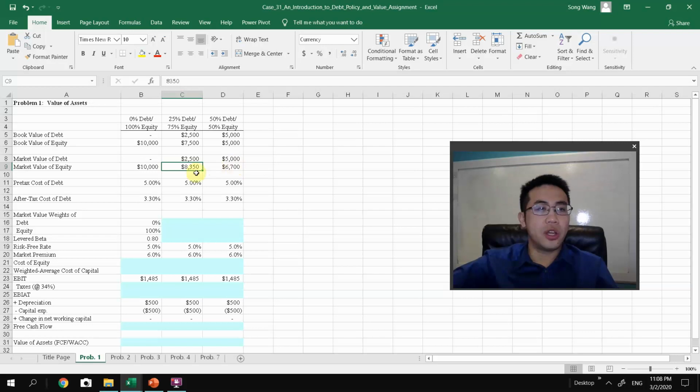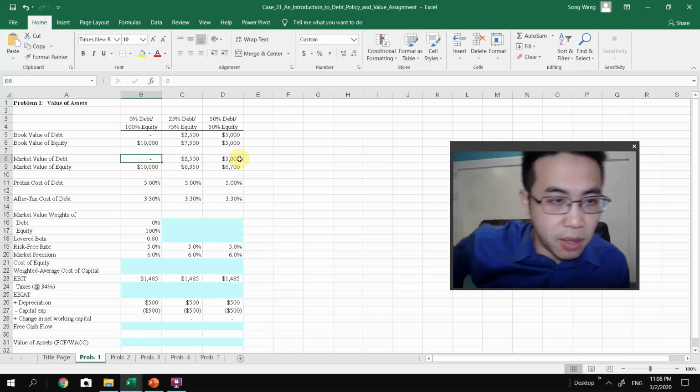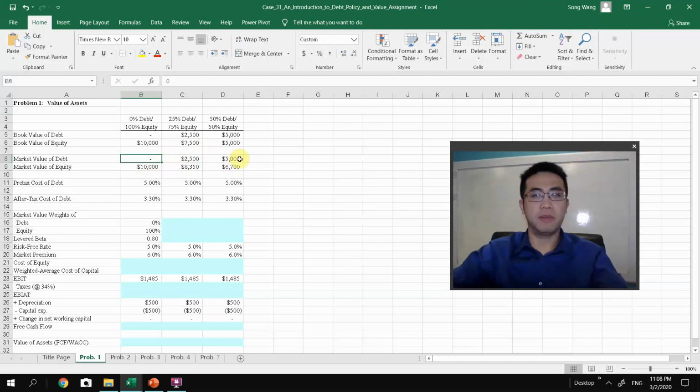So let's first get started with the market value of debt. As I said, the market value of debt and the book value of debt are usually the same. As in the previous case, it was assumed they are equal.